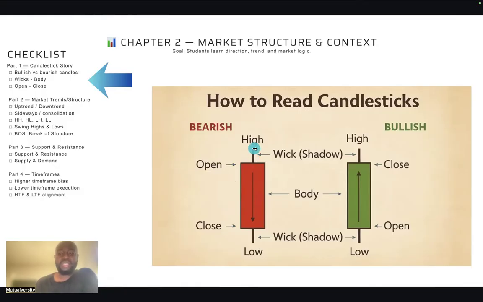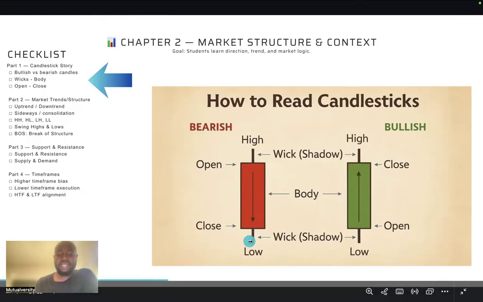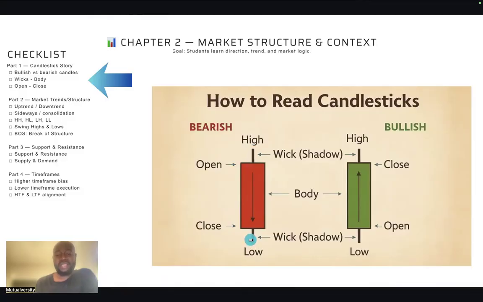As they tried to push it up, they couldn't push it any further. So the people that were selling started to push it down, all the way down here. As they pushed it there, the buyers started to push price up, and then the candle closed.